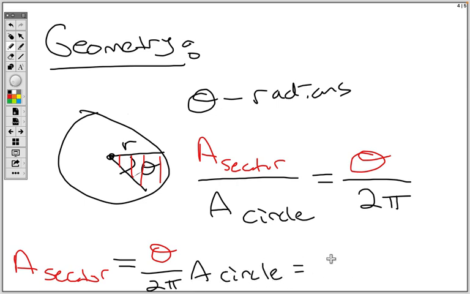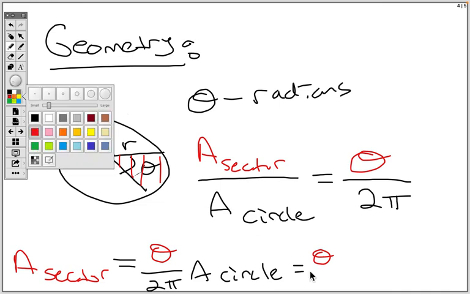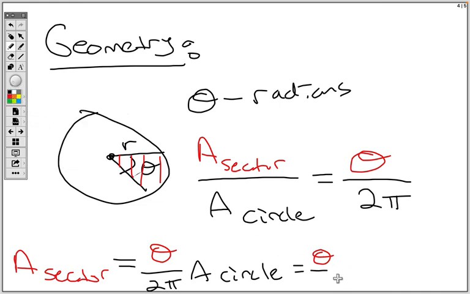And the area of the circle is pi r squared. And then we can go ahead and simplify this. The half is going to stick around. What's going to happen to the pi? That's going to cancel out. And then I've got my 1/2 r squared theta, once again, assuming theta is measured in radians.